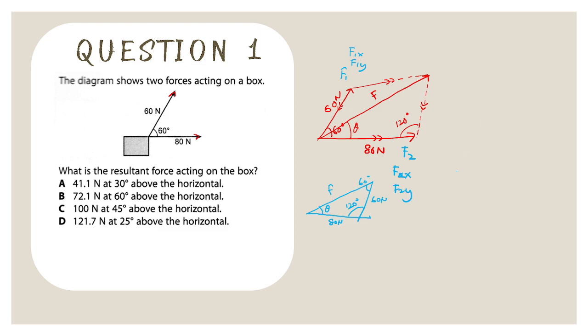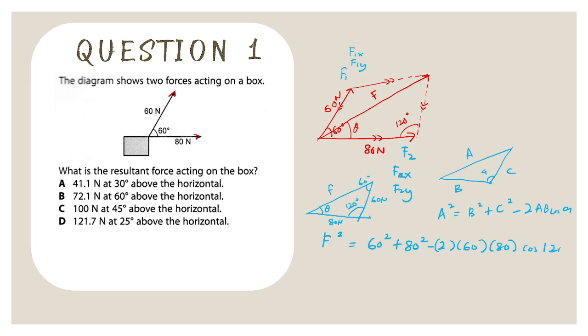Remember the law of cosines: you have A, B, C. A squared equals B squared plus C squared minus 2BC cos A. So we can apply this cosine rule to find F. F squared is equal to 60 squared plus 80 squared minus 2 times 60 times 80 times cos 120 degrees.